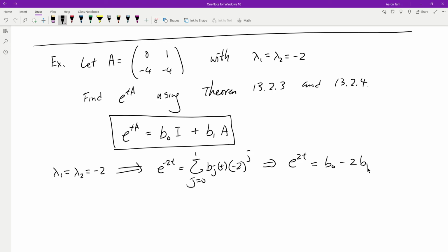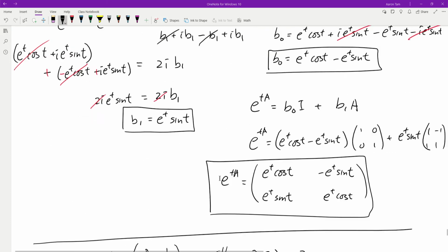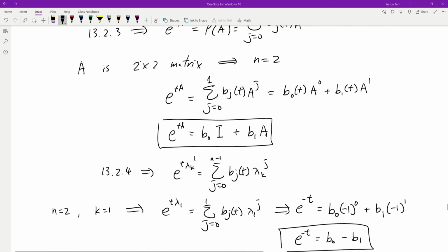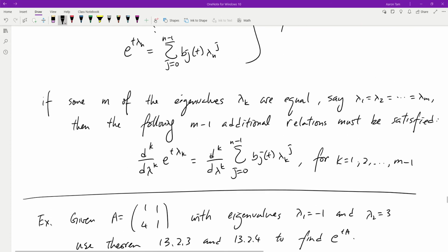Unfortunately for us, theorem 13.2.4 has a condition that allows us to deal with this. Okay? So let's try to understand what theorem 13.2.4 tells me to do. It says that if we have a repeated eigenvalue, we have to use this formula to find the actual equation.